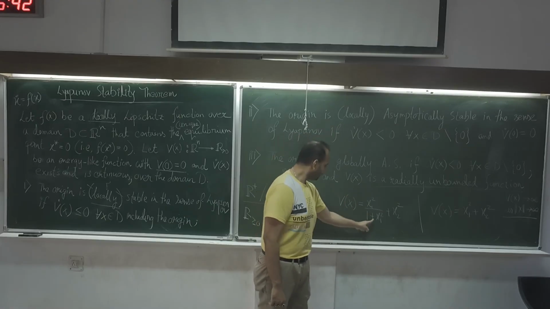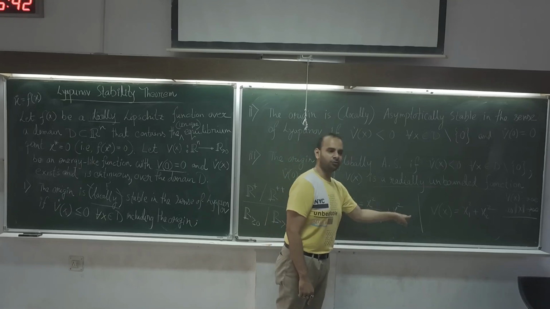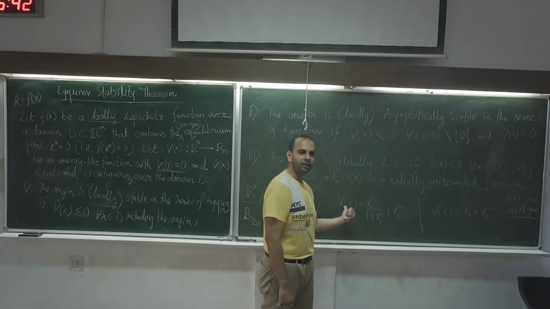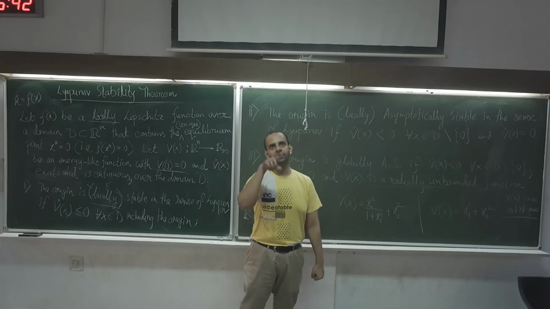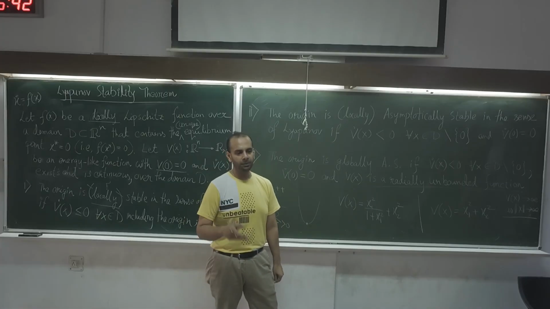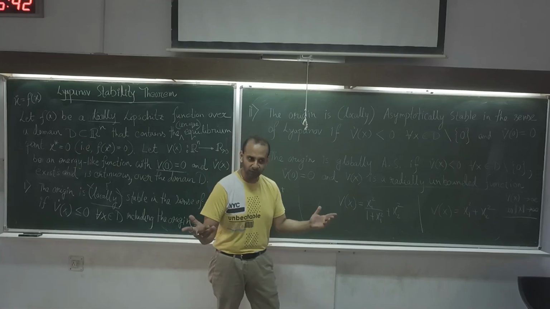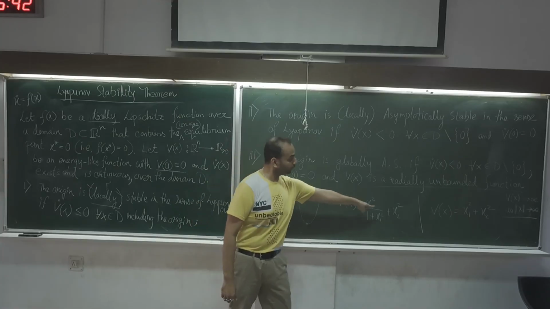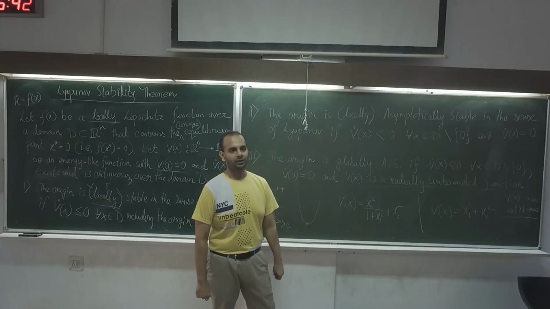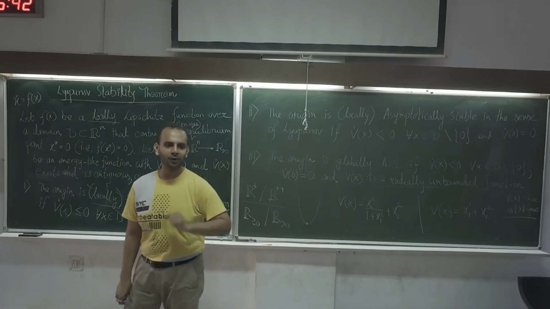Even if x1 doesn't go to infinity, but only x2 goes to infinity, V goes to infinity. So if you see V(x) going to infinity, mentally you will feel that both the x components are going to infinity, which is false. In such cases, even if only one of them goes to infinity, V will go to infinity. So that's why the first example is not a radially unbounded function, whereas the second one is.